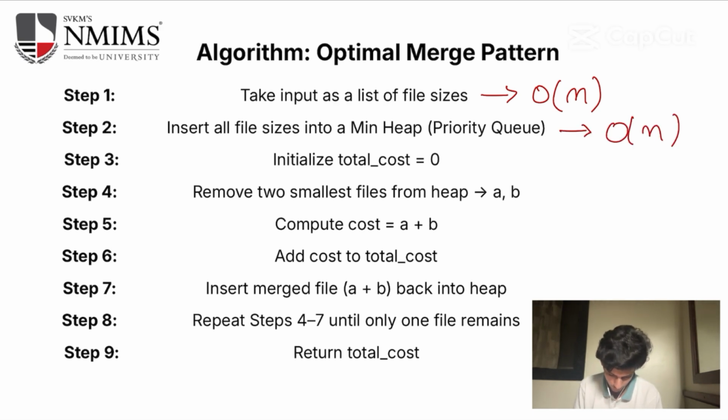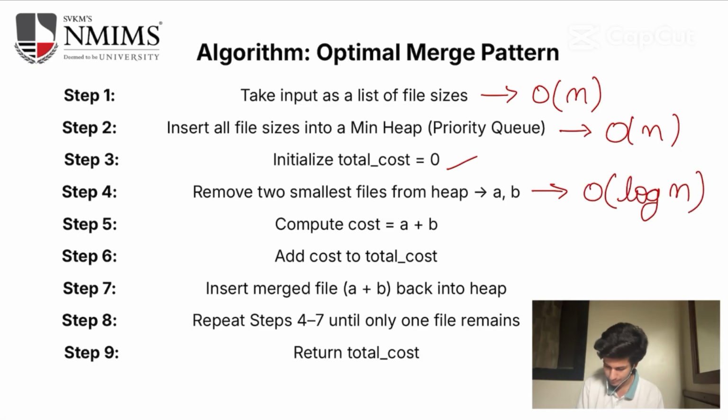Now going to the third step, initialize total cost equal to 0. Now moving to the fourth step, remove the two smallest files from the heap, A and B. From here you will get order of log n. Now moving ahead to step 5, compute cost equal to A plus B and add cost to total cost.